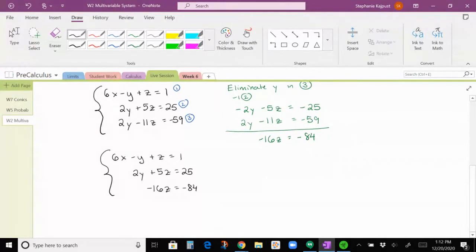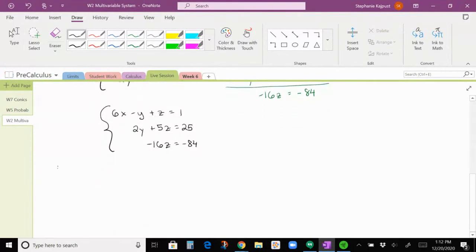Now, for equations 1 and 2, that's going to give us some fractions. And so to put it in traditional Gaussian form, I will write this out, but we're dividing the first equation by 6 so that we have a 1 in front.